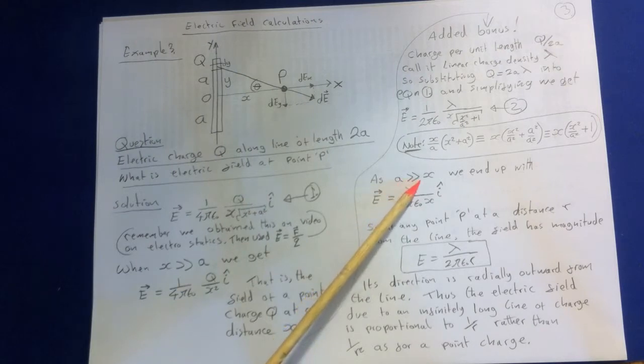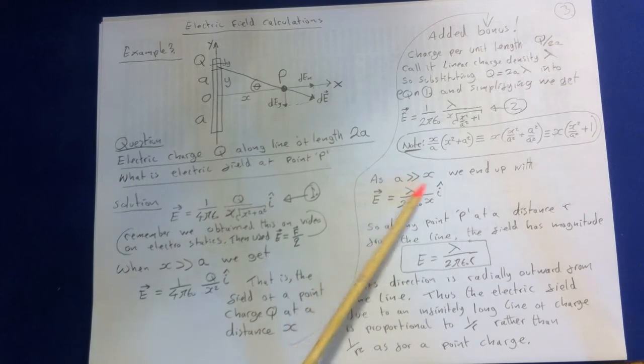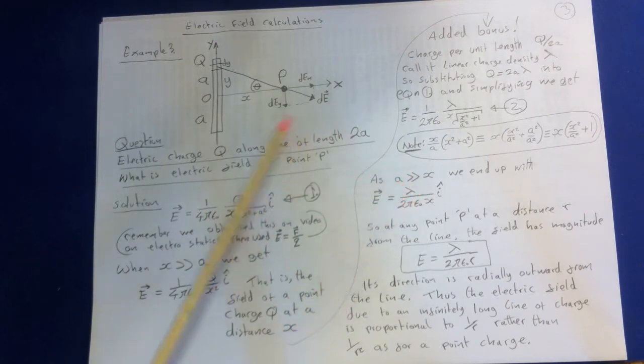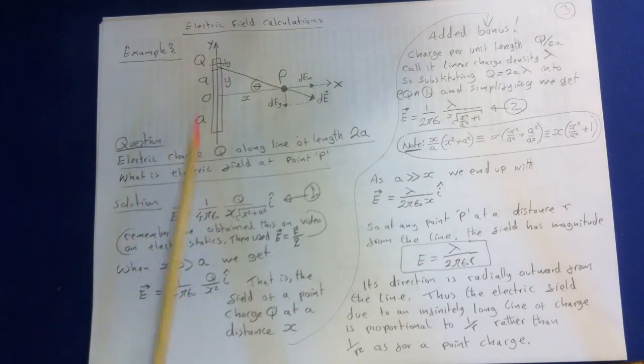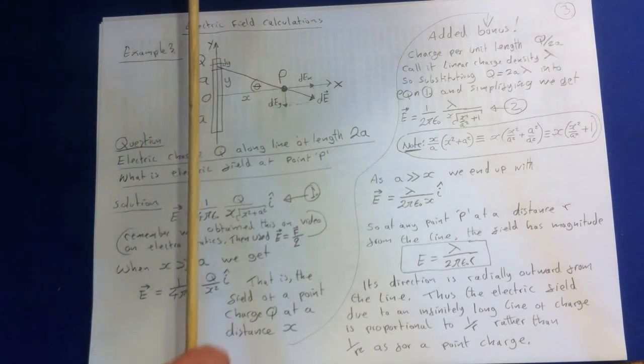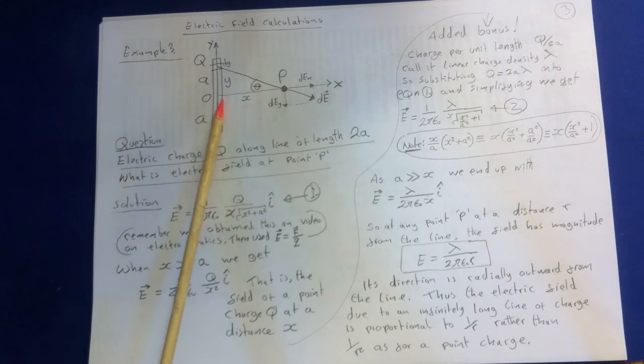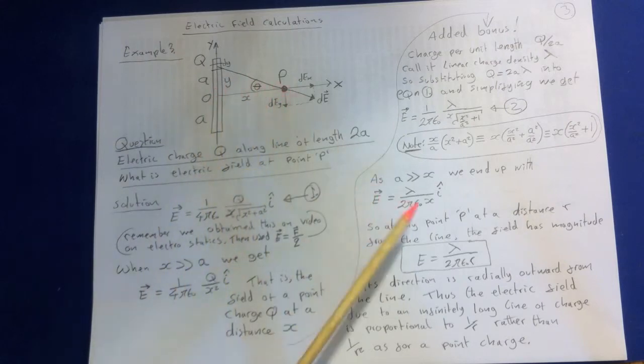So as a gets much greater than x, in other words if this line of charge is infinitely long compared to the distance x, then we can write this down.